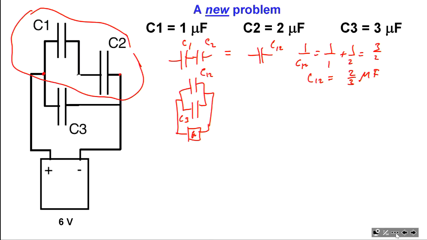So now these two can be replaced with one. And the capacitance of that equivalent capacitor will be equal to the sum, 2/3 plus 3.